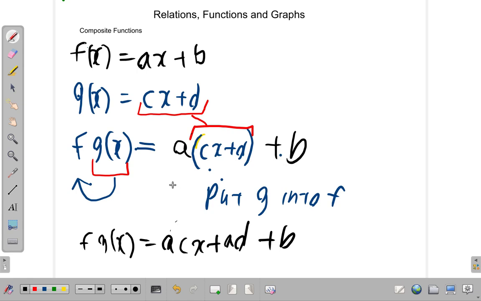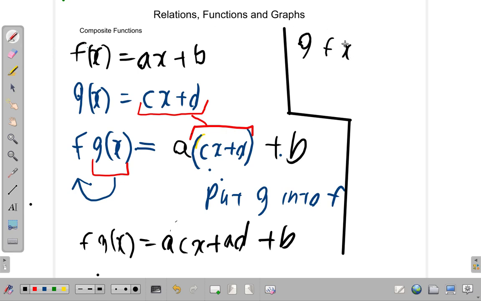So this is one composite function. Let me divide my whiteboard to separate what I'm going to do next. This time I want gf of x.